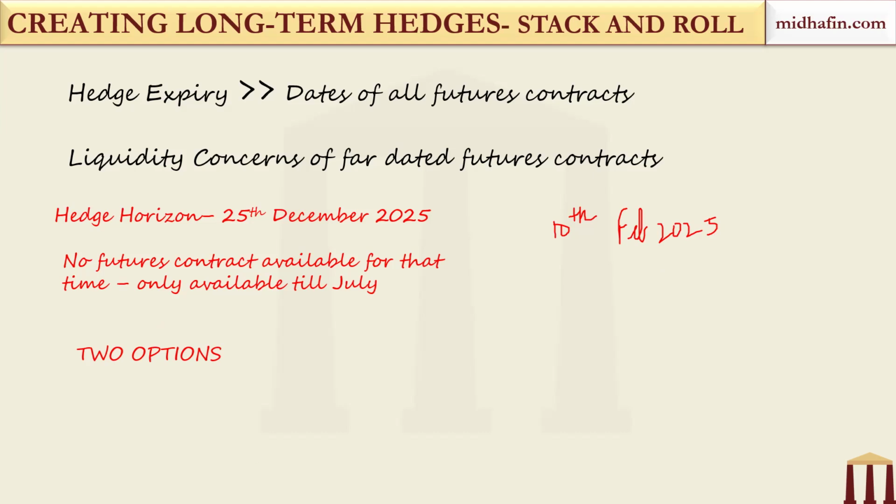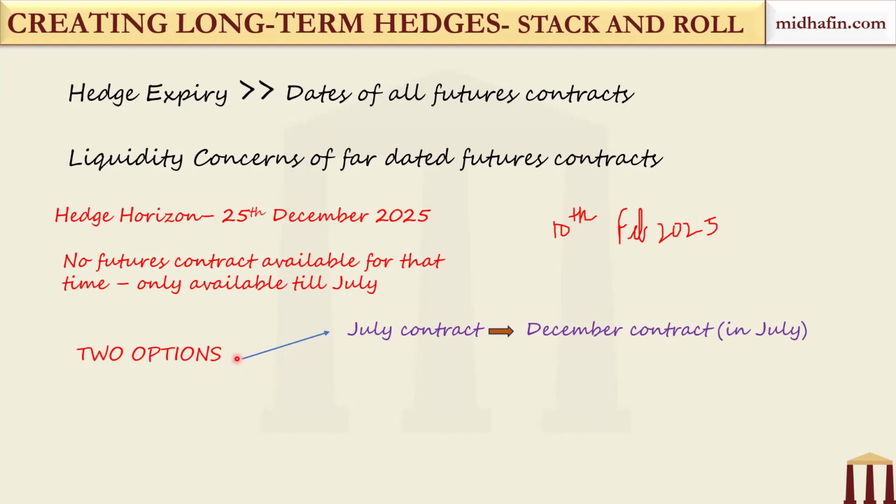Okay. So you have two options. Either you go for the July contract and then the December contract in July. Okay, so till July you have a contract. Sorry, one piece of information that I gave you, that it has only two contracts, July and December, is not the correct information.